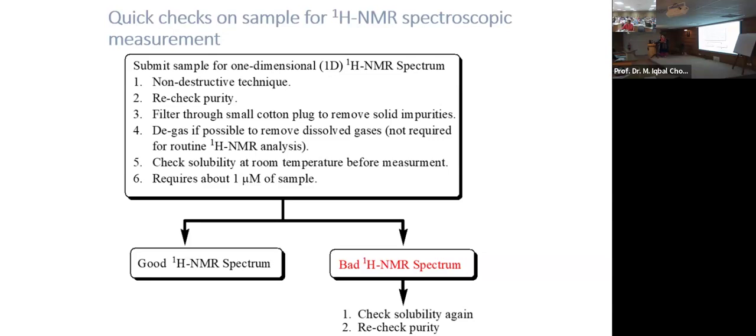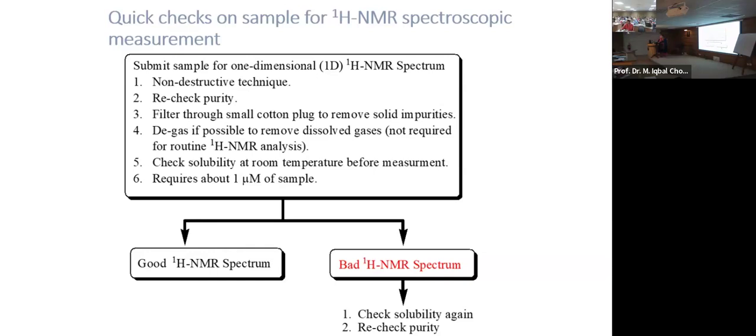As Dr. Iqbal was also mentioning in his lecture, NMR is an extremely advanced and fascinating technique. You have minus 269 Celsius, and just a centimeter away, your probe is at room temperature, and not only at room temperature, you can increase the temperature.